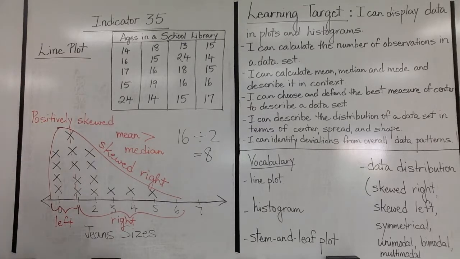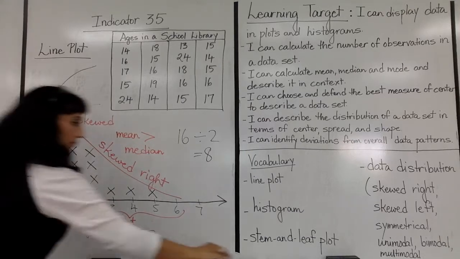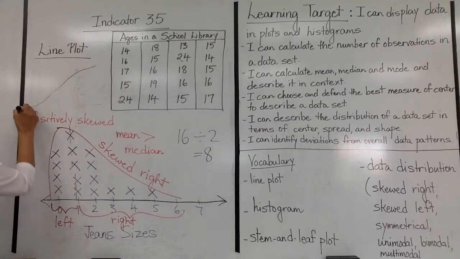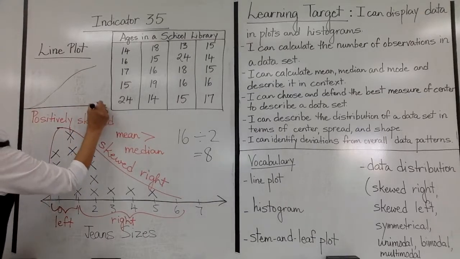On the other hand, if I had a graph in which the tail end was on this side, let's say my graph was something like this, and this is my number line, for example.